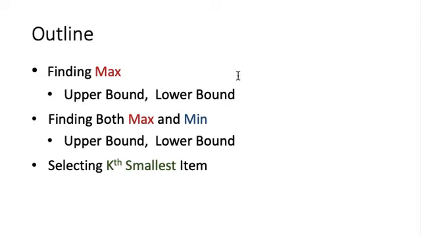For the first two cases, finding the maximum and finding both the maximum and minimum, we will analyze the upper bound and lower bound of any algorithms for solving this. And finally, for the kth smallest item, we will present an order n time algorithm for this. So let's start.